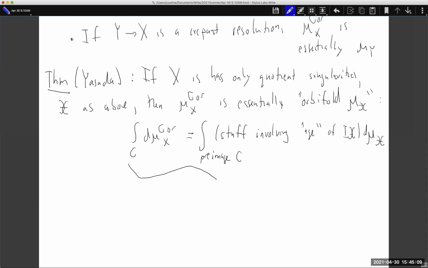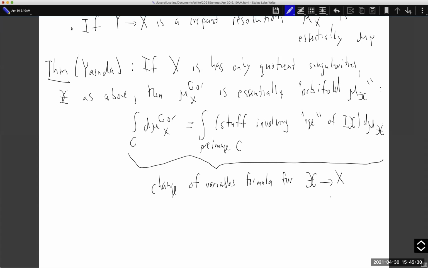So I want to say a few things about that. First of all, one should think of this as a change of variables formula for the map from the Deligne-Mumford stack to its coarse moduli space X. So what do I mean by a change of variables formula? These change of variables formulas are a main reason why motivic integration is useful.